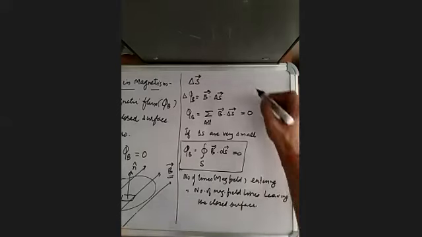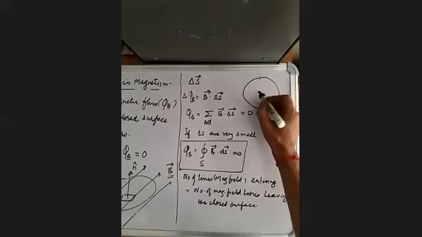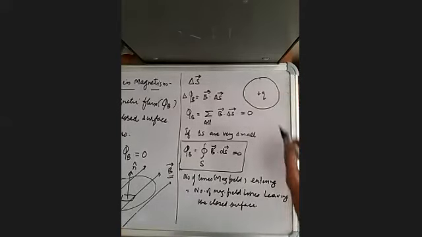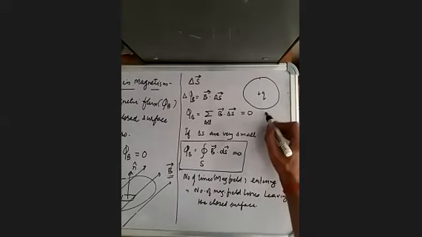If you compare this, suppose there is some charge enclosed by a surface, then there is some net flux associated with this closed surface, because its value is equal to Q upon epsilon naught.